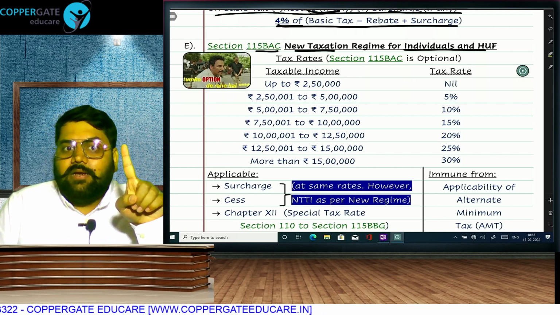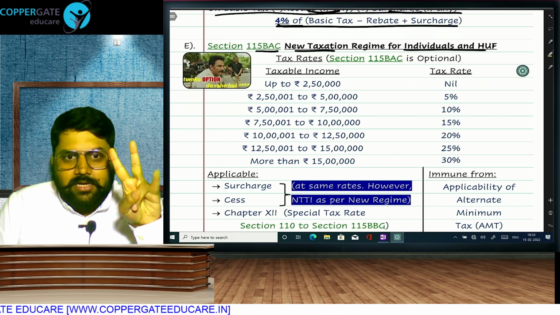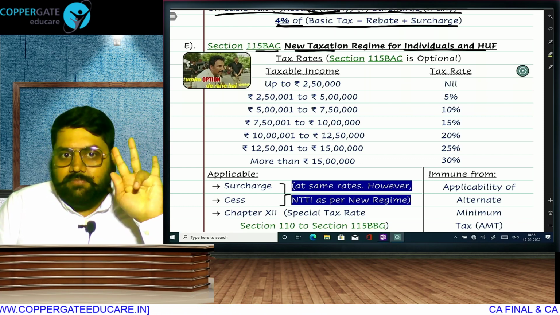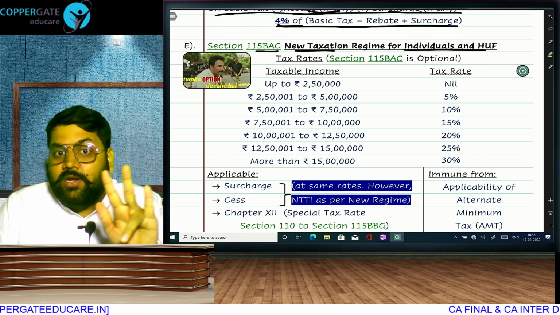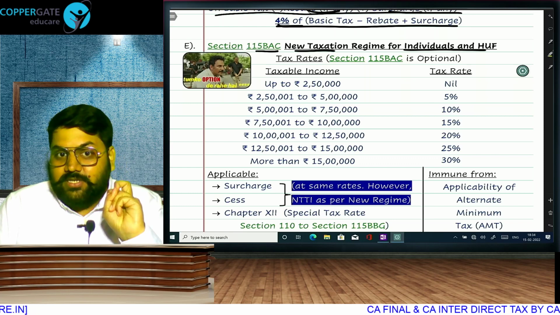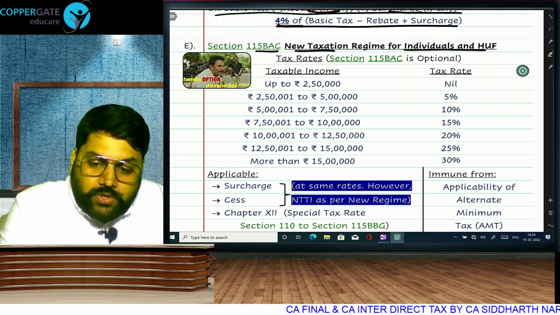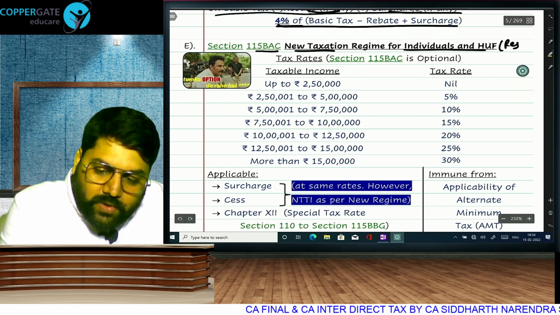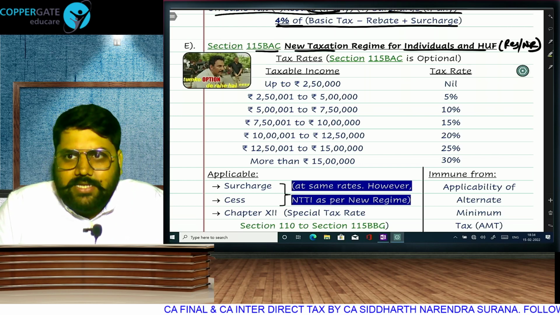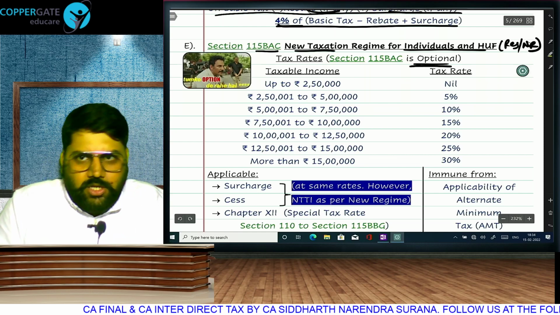In 115BAA they mention domestic company, BAB they mention domestic company, BAD they mention resident cooperative society, but BAC they write only individual HUF. This means whether you are resident or non-resident, both are going to be eligible for the new taxation regime. And of course we all know that the new regime is optional.